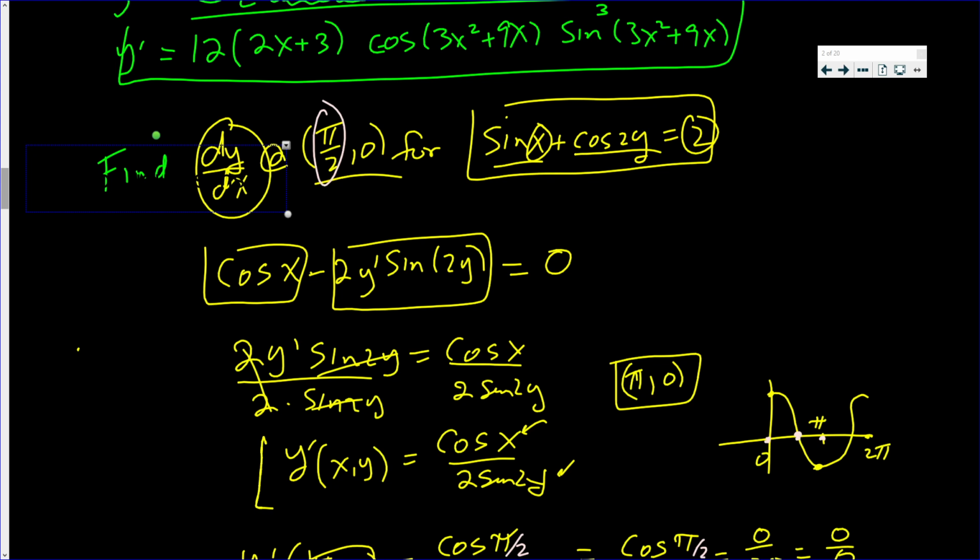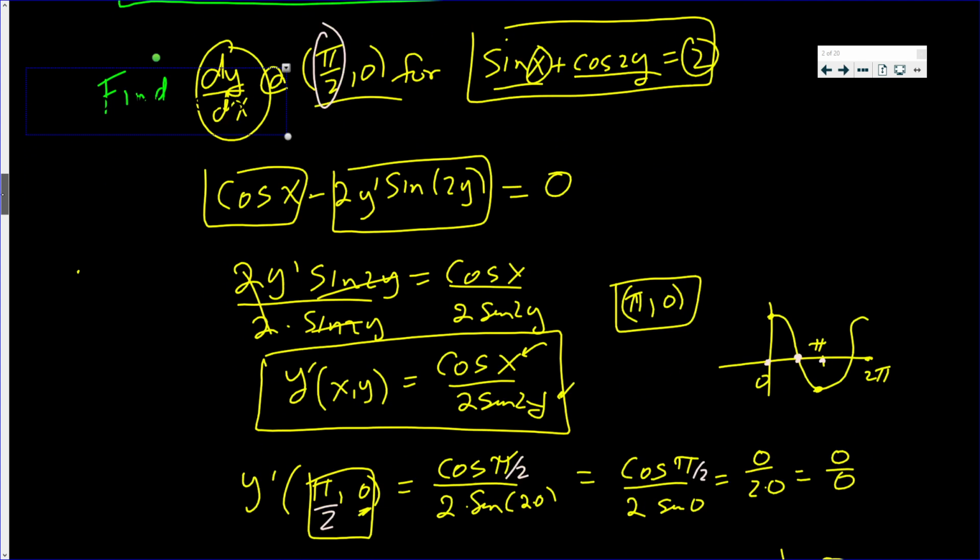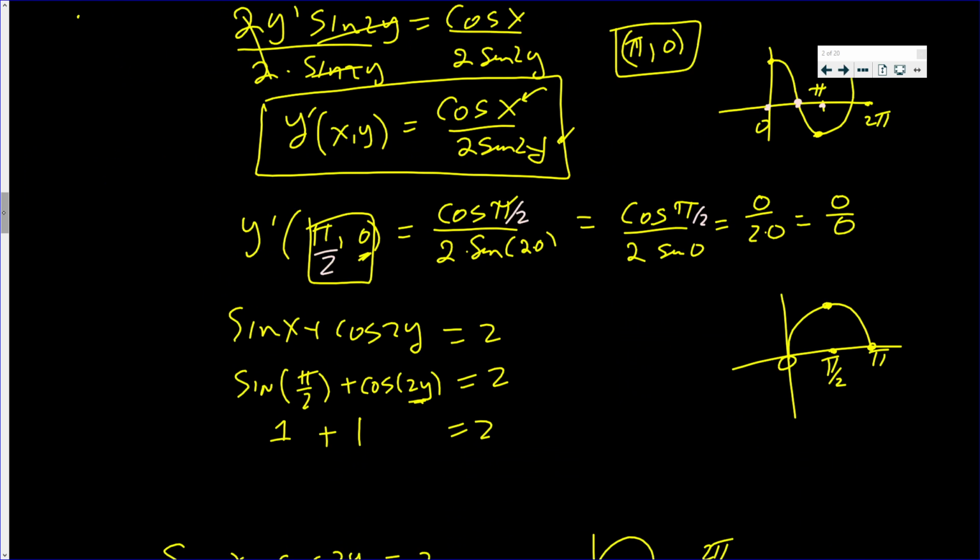Okay, it looks to me like this is okay. Now I have a feeling I just blew the comment I made at the bottom. Cosine of pi over 2 is 0.